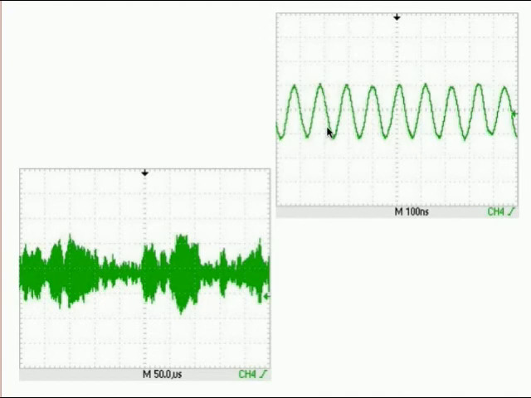So here we have an oscillator, and in this plot we're looking at a fairly short time scale, 100 nanoseconds per division, so the frequency is in the region of 10 megahertz, and you can see the amplitude is reasonably stable. If you look at the amplitude here, we're looking over a much longer time frame, 50 microseconds per division, and you can see that really the amplitude is going all over the place.